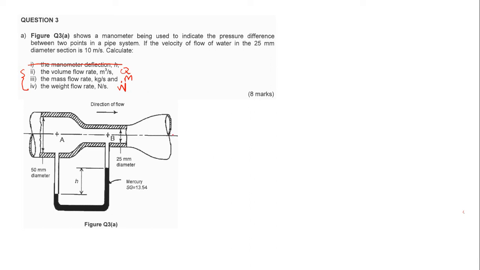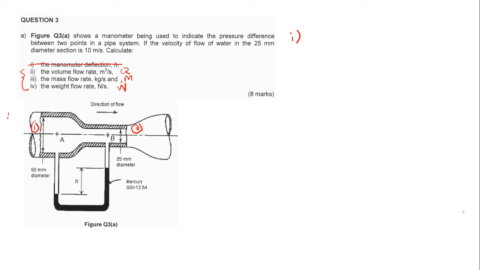Okay, how can we do this? Number 1, the volume flow rate. So what information do you have? Diameter. Kat sini kita ambil 1 sini, 1 ni 2.